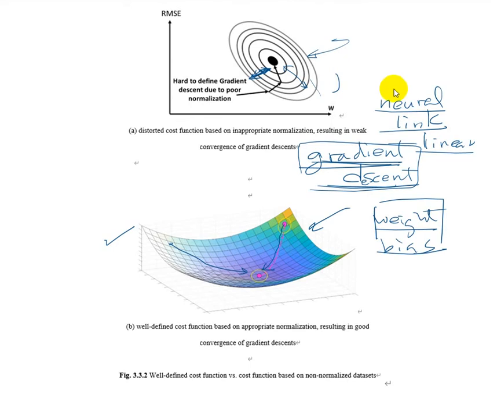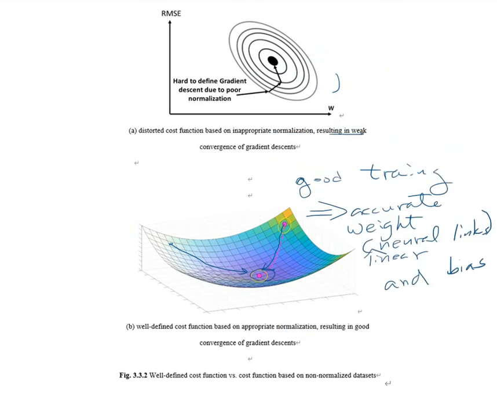This diagram shows a well-defined cost function based on appropriate normalization, whereas here we have a distorted cost function based on inappropriate normalization, resulting in weak convergence of gradient descent. By gradient descent, we're going to find the best path down to the minimized error or minimized cost function, and it's going to be very difficult if you have a distorted cost function, because you can have oscillation or exploding between cost function values.